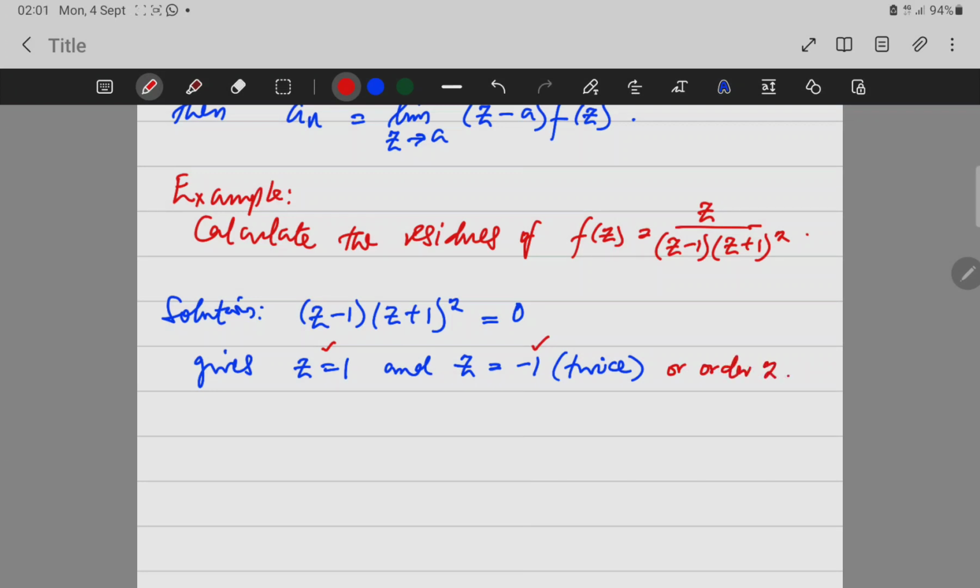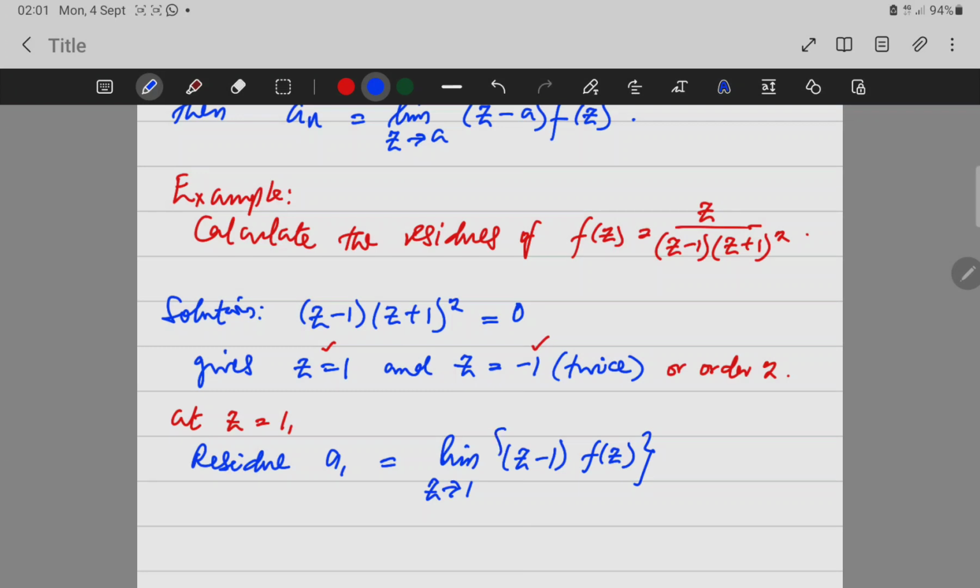So at z is equal to 1, the residue a1 will be equal to the limit as z goes to 1 of (z minus 1) f of z.